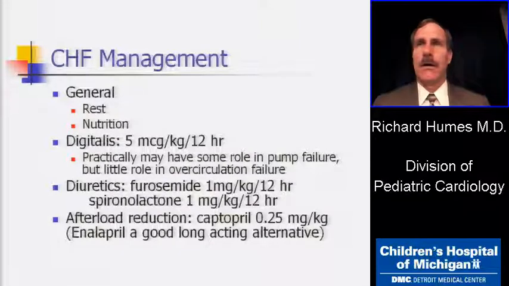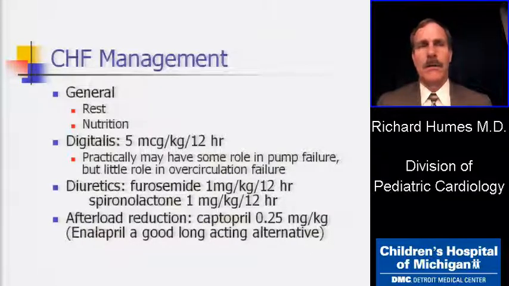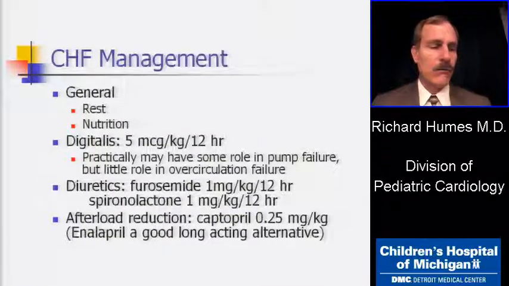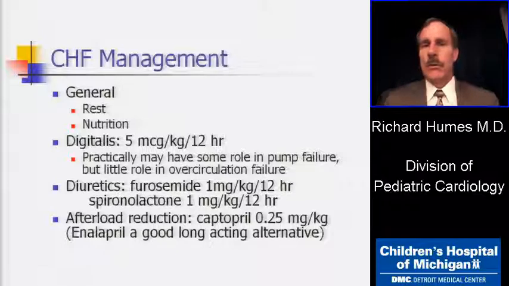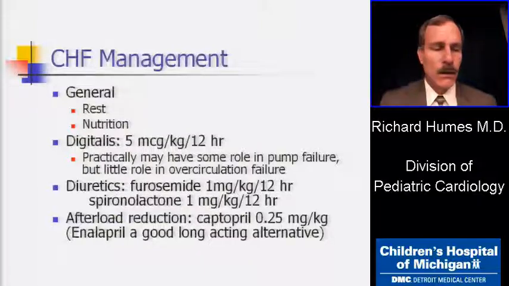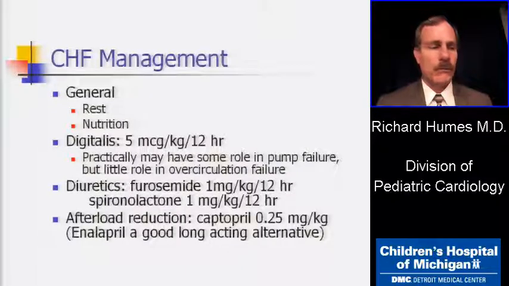Adding to that Aldactone or spironolactone in a similar dose can be very effective in both counteracting the potassium wasting effects of Lasix, as well as it may have some of its own inherent benefits in treating heart failure. Because we don't use as much digoxin now for a lot of overcirculation heart failure, we've switched to using afterload reduction, particularly with captopril, or now a little longer acting medications like enalapril. So these are becoming our mainstay of first-line treatment for congestive heart failure.